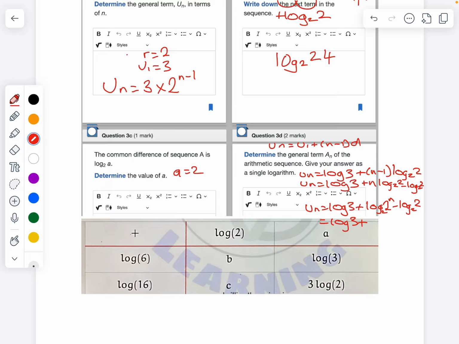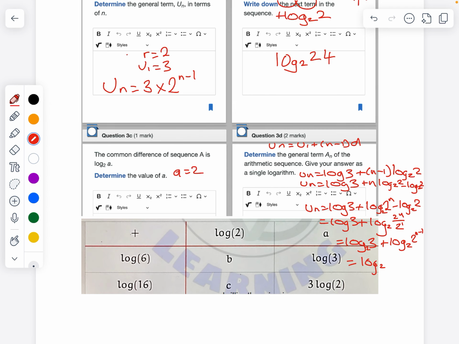So I need to now divide the 2 to the power of n and the 2. When we are dividing the indices, we subtract, so I can write that as log 3, and then we need to add log 2 to the n minus 1, because n minus 1 is just n minus 1.